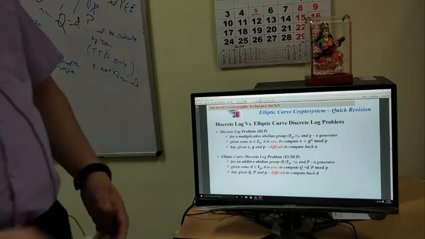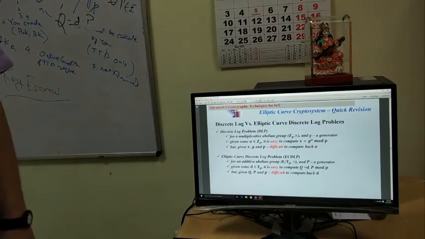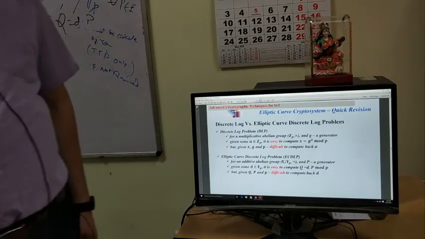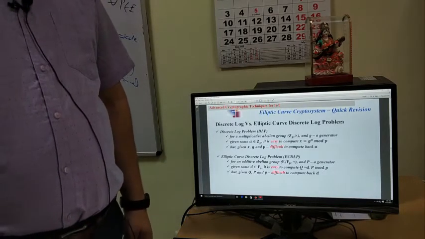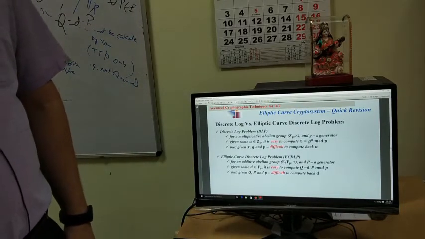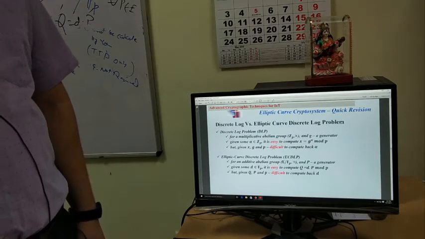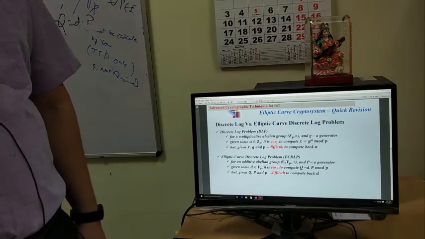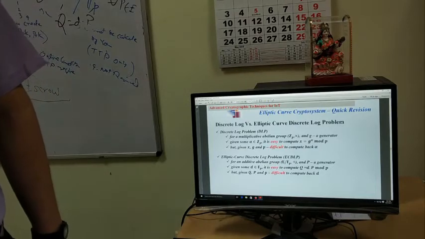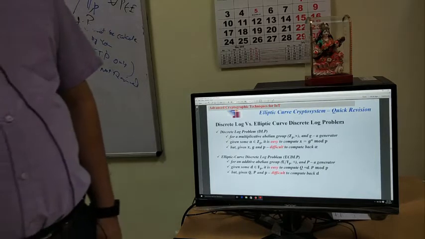Okay. Now, the next concept is what is a generator of a point, that also you have studied. What is a generator of a group? What is the meaning of generates? When I apply the binary operator of the group repetitively on that element, it generates all the elements of the group. Then it is called a generator, right?